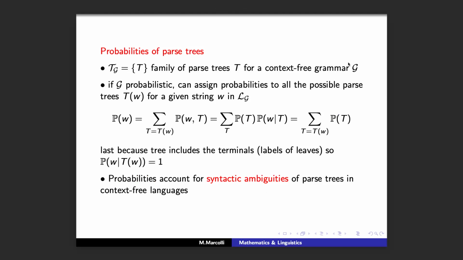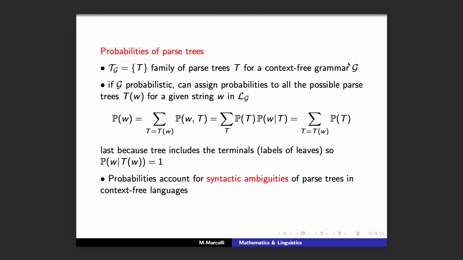If I want the probability of a string in the language, I think of it as the sum of the probabilities of all the parse trees for that string. So I can distinguish that some parse trees will have a lower probability and others will have higher probability.